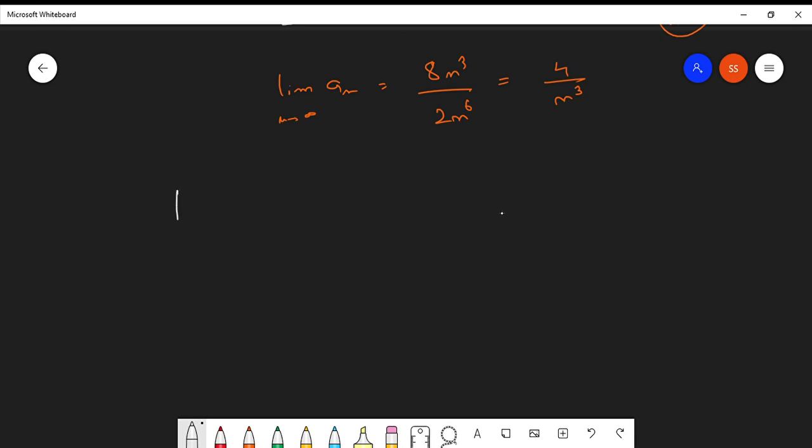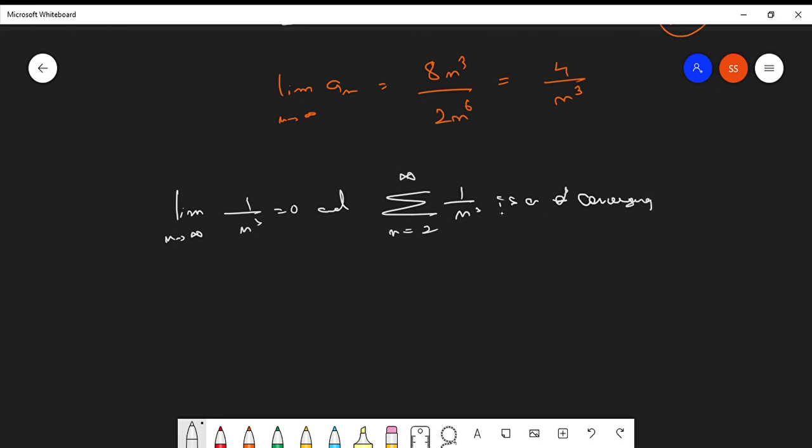Rather, limit n tends to infinity 1 over n cube equals 0, and the series n equals 2 to infinity 1 over n cube is, sorry, a converging series, not diverging. Clear?